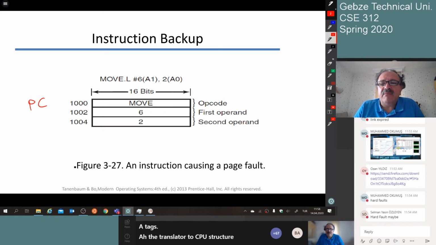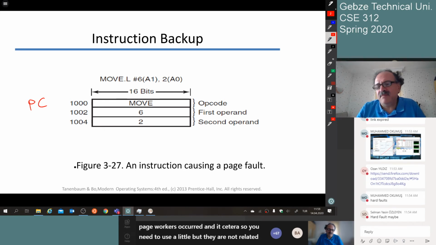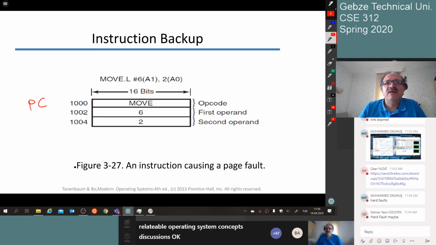There might be some hidden registers that are only available to the operating system, that will help you tell where the last program counter was when this page fault has occurred, and so on. So you need to use all of those, but they are not relevant operating system concept discussions. They are specific technical problems. We will not go into those details.